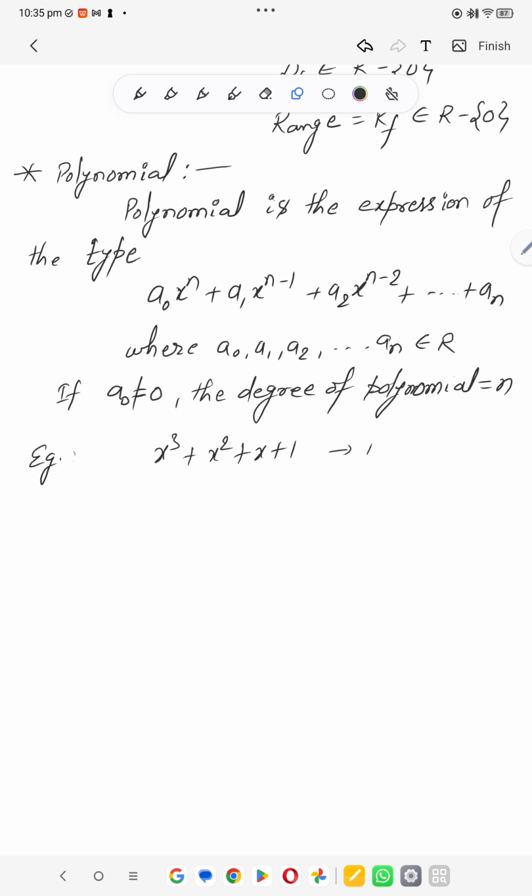This is a polynomial of degree 3. But x to the power minus 1 plus x square plus 1 is not a polynomial, because here the power is negative.